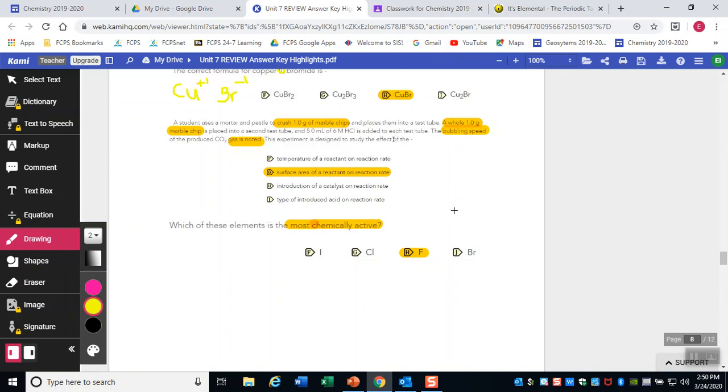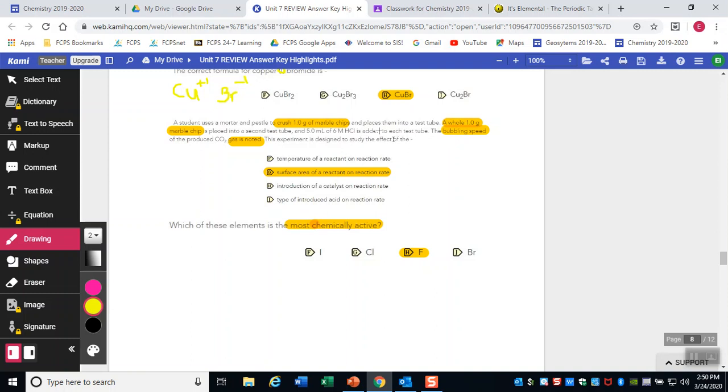All right, so now we have a student using a mortar and pestle to crush marble chips. All right, 1 gram of marble chips, and they're in the test tube. A whole marble chip is placed in a second test tube. So you have crushed marble and a whole chip. And then you're going to add hydrochloric acid to each test tube, but the same amount, right?